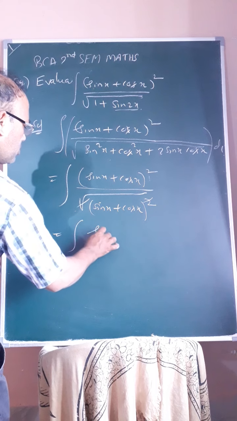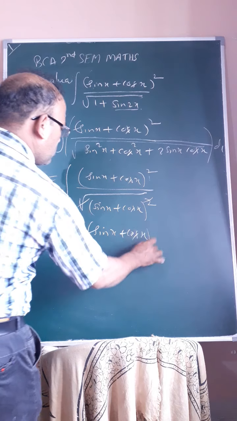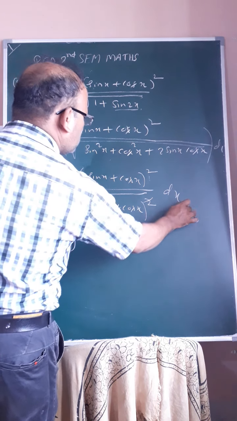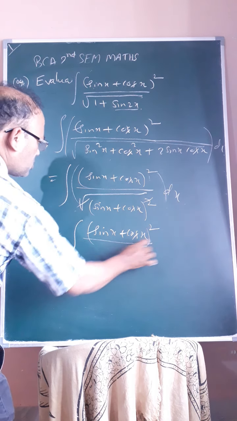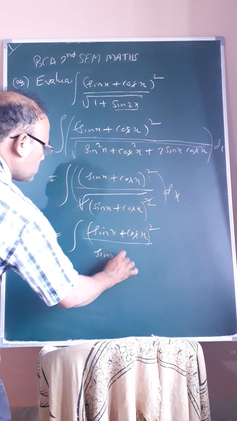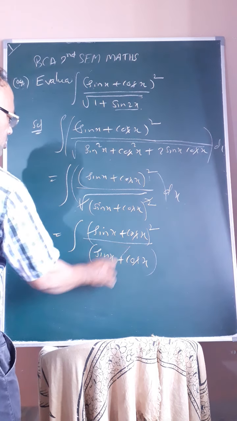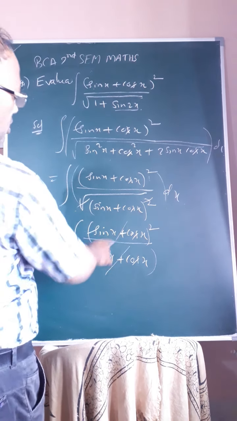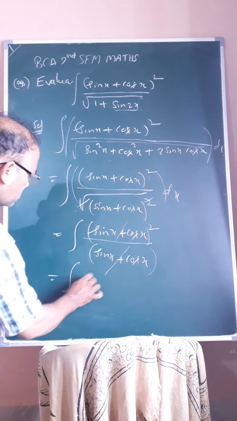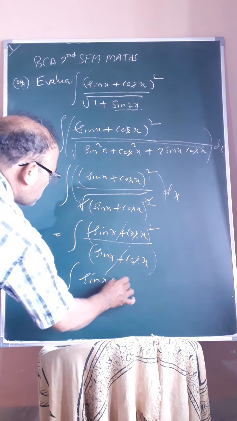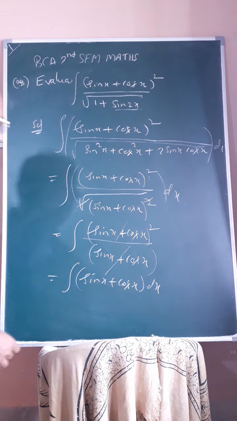So what will remain? Sin x plus cos x whole square divided by sin x plus cos x. One time it cancels, one time remains. Integration of sin x plus cos x dx.